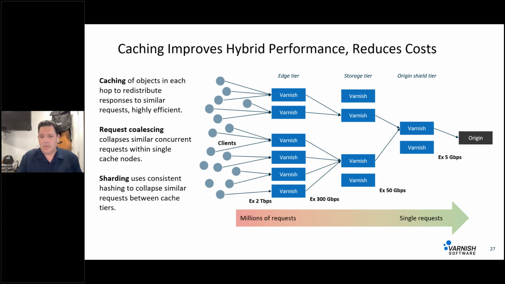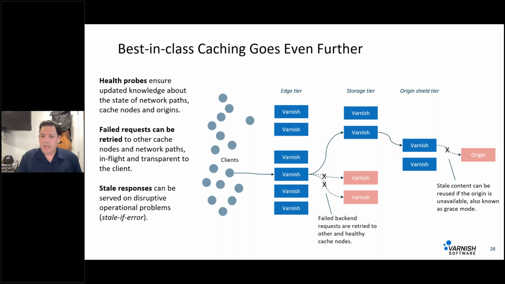But if we go to the next slide, we'll see that best of breed caching solutions take it one step further, really focusing on security, focusing on probing, and this is where the benefit of cache really comes into play. So you can see there, we'll start at the right this time and go left.